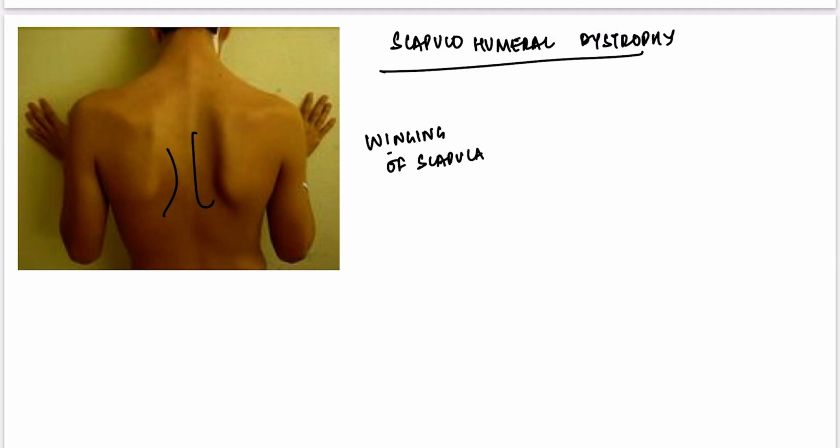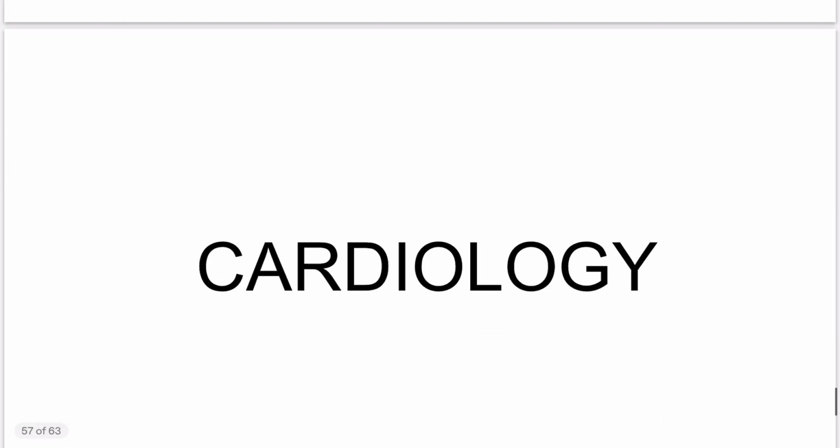Right? Also, if you try to make this child flex his biceps, you will appreciate that the forearm is quite heavy and the upper arm is not that heavy. This is the classical Popeye arm appearance, again seen because the humeral muscles are very weak, right? So this is all about our neurology section.